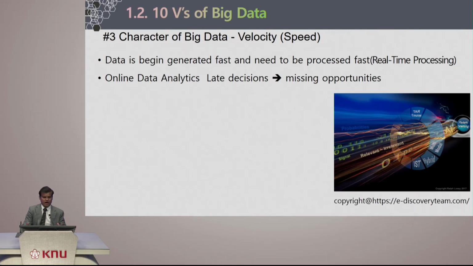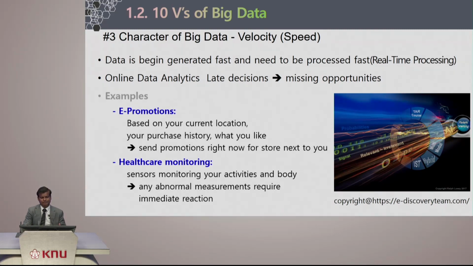So what is our objective? What are we going to do? Because we cannot really analyze all the data at that real-time speed, we may have to filter it out. We will discuss a few points on how to handle such high-speed data later on in our course. Here are some examples, like e-promotion and healthcare monitoring.